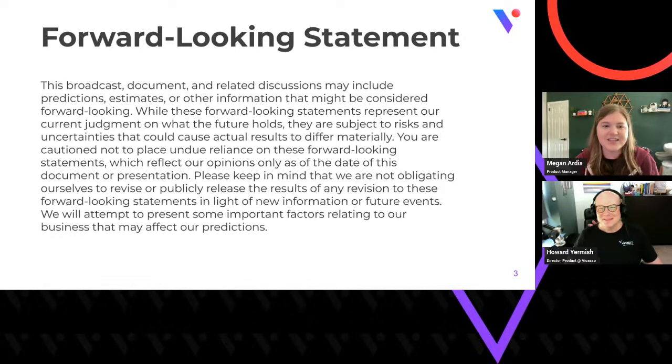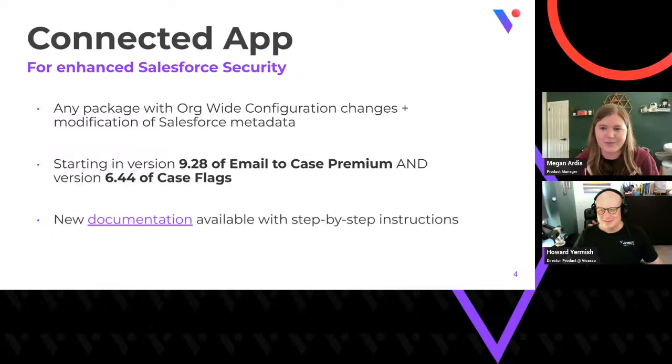Perfect. So yeah, let's get into it. So what is a Connected app? Why do we need it? So as a Salesforce partner on the App Exchange, we regularly submit our products for security reviews. We want to make sure we're giving you the most secure products available. And Salesforce recently updated its requirements to state that managed packages like us implement a secure way for Salesforce to keep track of two things.